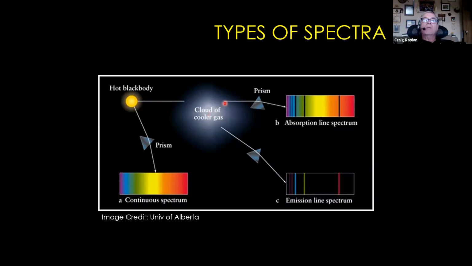And if we somehow block the light from this cloud of gas after it's heated up or excited by all this radiation coming from the black body, eventually these electrons will emit the added energy, and they will go back to their resting state, and they will emit in the same quanta that they absorbed.